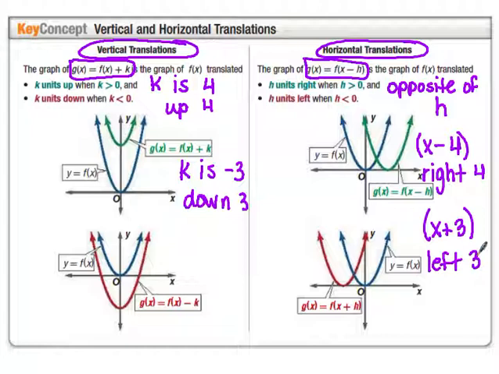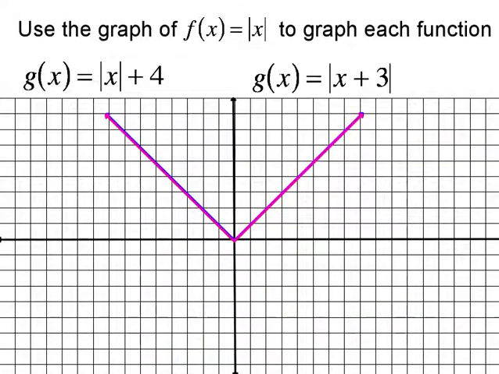So with that in mind, we're going to go ahead and look at this next slide, and just look at how you can graph using some translations. If you look at this one, it says use the graph of f of x equals the absolute value of x to graph each function. So we start with an absolute value of x. Now, is this going to be a vertical or a horizontal translation? Why? Exactly.